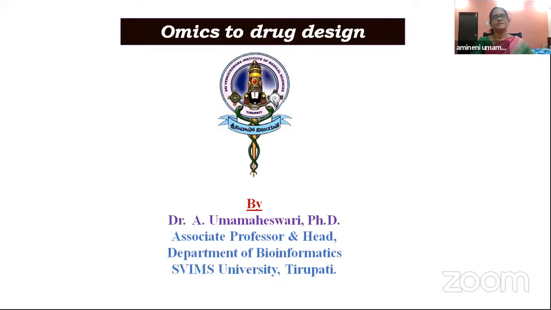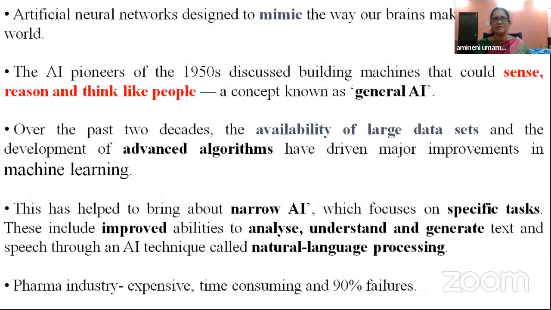Today I will discuss omics to drug design by using artificial intelligence. Before going to this, I will give a brief introduction about artificial intelligence. All of you know that we have a lot of neurons in the brain.